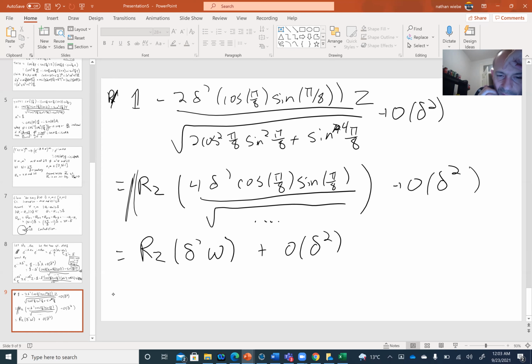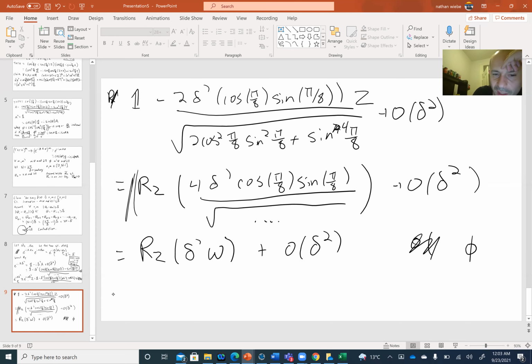So if we want to build a large rotation, let's say we want to build a rotation through an angle of phi.